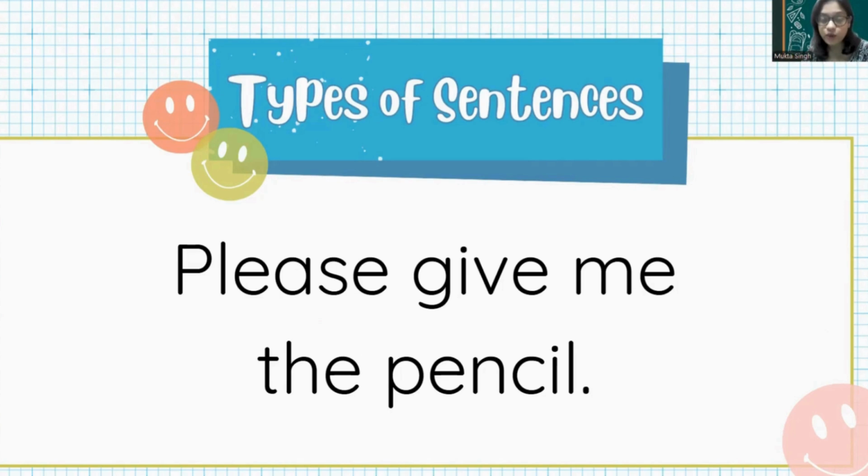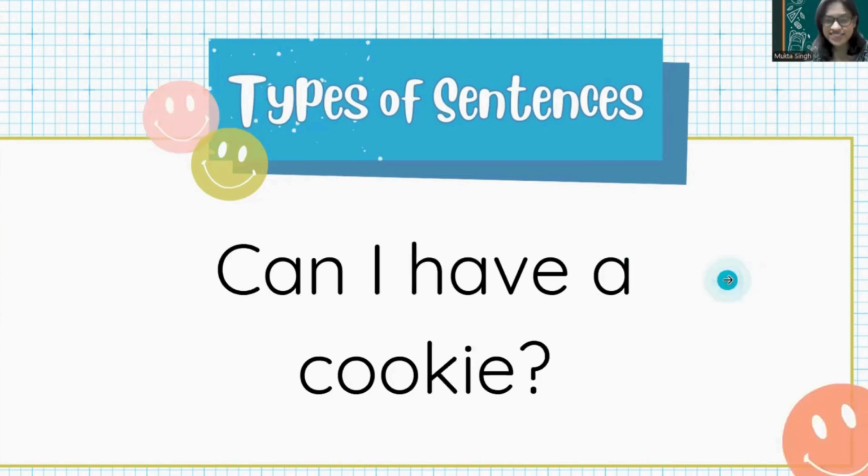Is this asking a question, or is it sharing an information, telling us something, or asking us to do something, or showing any emotion? What's your answer? Yes, this is an imperative sentence.